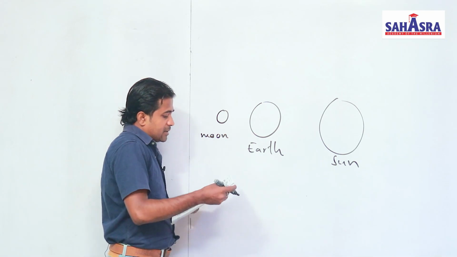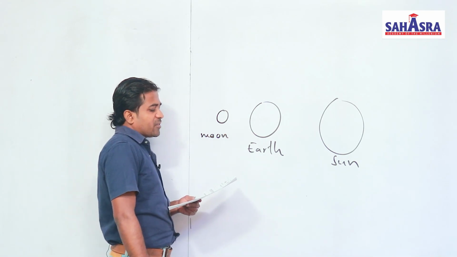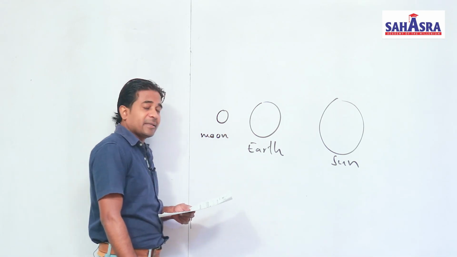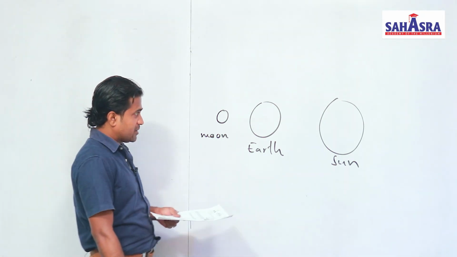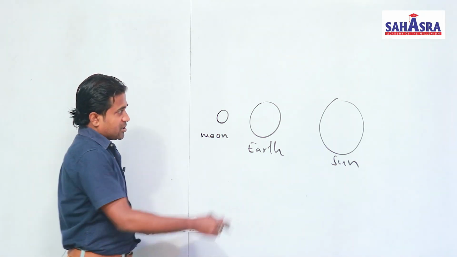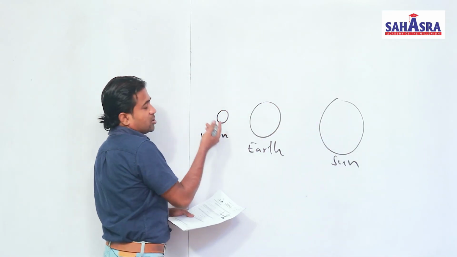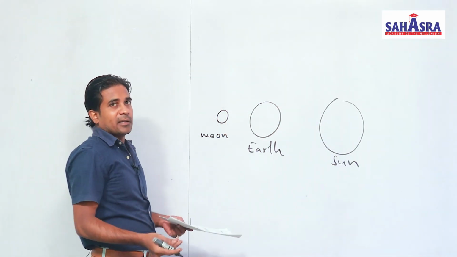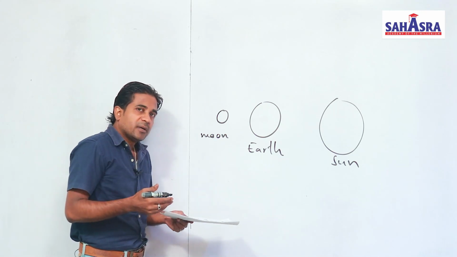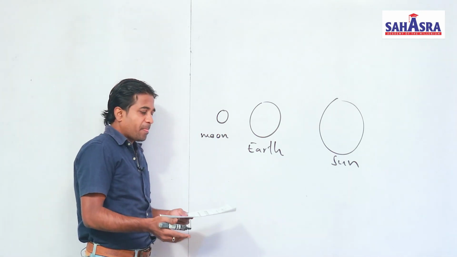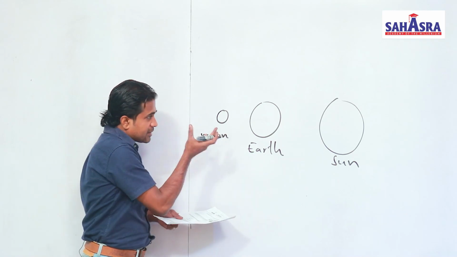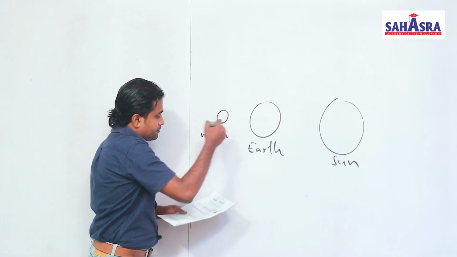Tick the box to show the shape of the earth, moon and the sun in space. Actually, what is the shape? We are just seeing it as a circle, the sun or the moon. But is that really a circle? No, it is a 3D model, not a circle.